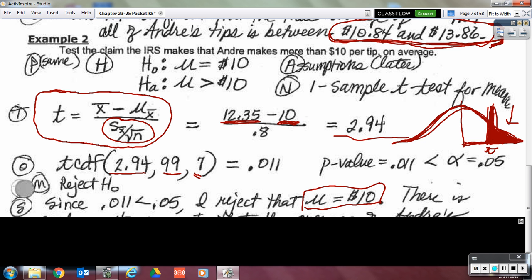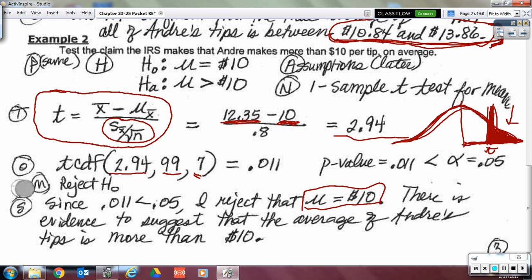The second sentence is about the alternative. Do we have evidence or no evidence of the alternative? We do. So there is evidence to suggest that the average of Andre's tips is greater than $10. That's where I'm putting in my context.